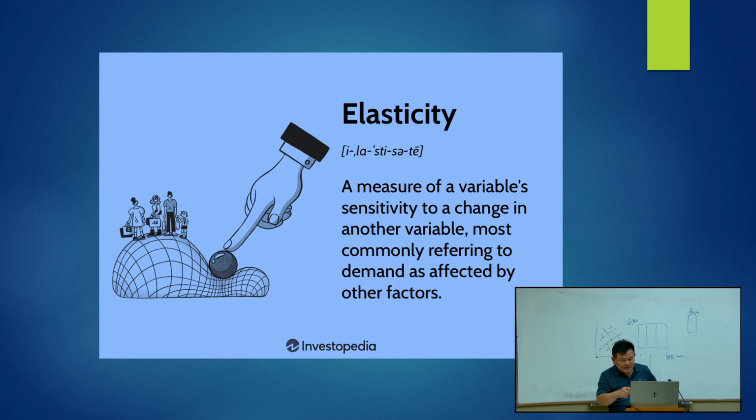The price mechanism depends on elasticity, the measure of a variable's sensitivity. It means there are a lot of factors moving, and whether the variable is very sensitive or not. This is elasticity.